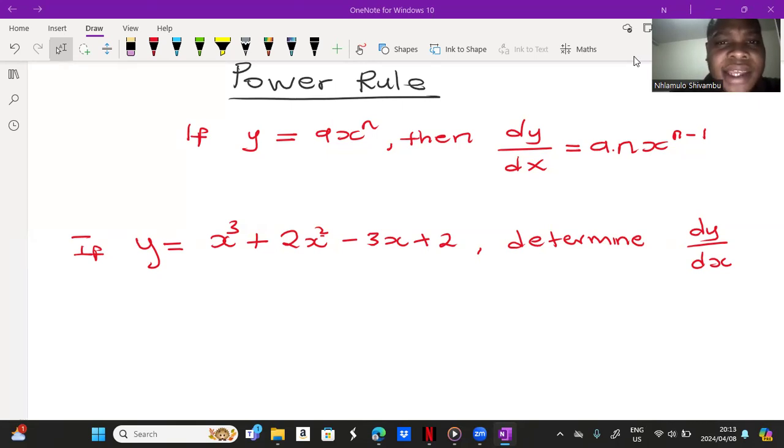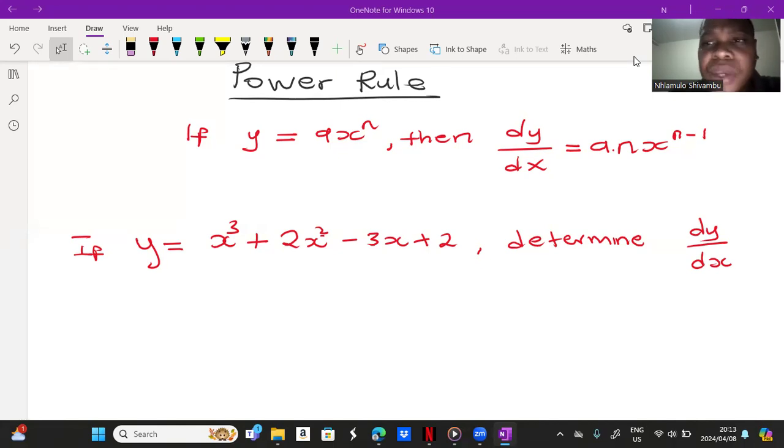The power rule is the rule that I've summarized here with an if statement. It reads as follows. If y is equal to ax to the power n, then dy over dx, the derivative of the function with respect to x, is equal to a times n times x to the power n minus 1.